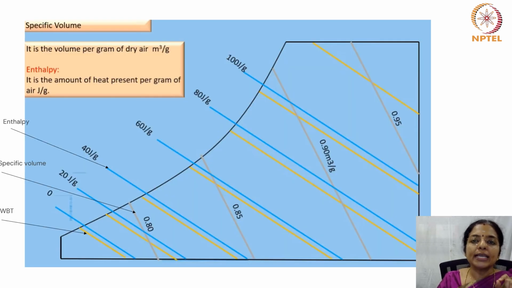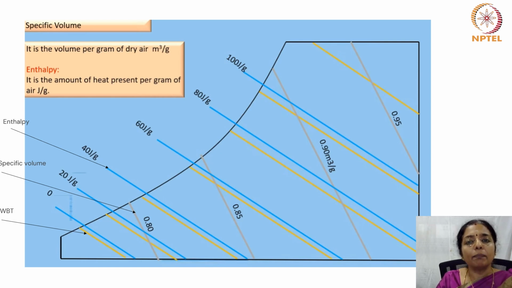Specific volume is the volume of air per unit gram of dry air. Its unit is meter cube per gram. Enthalpy is how much heat is present in 1 gram of air, and its unit is joule per gram.